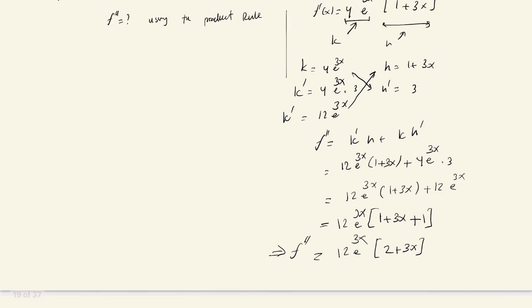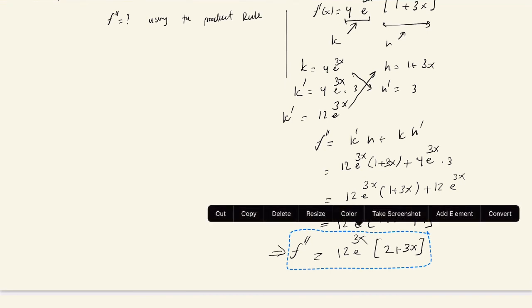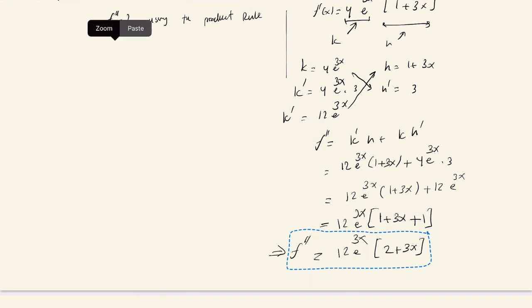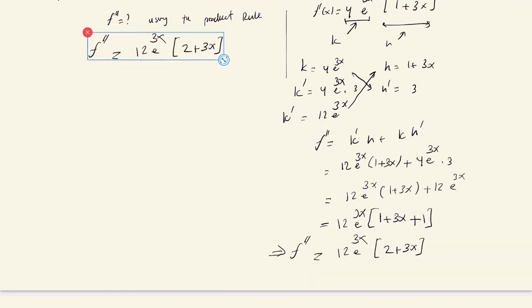So notice, this function is defined for all values of x. So what we care about now is where the second derivative is 0. So we'll set the second derivative to 0 and solve that equation.